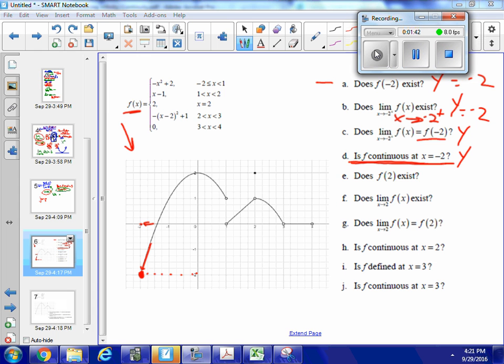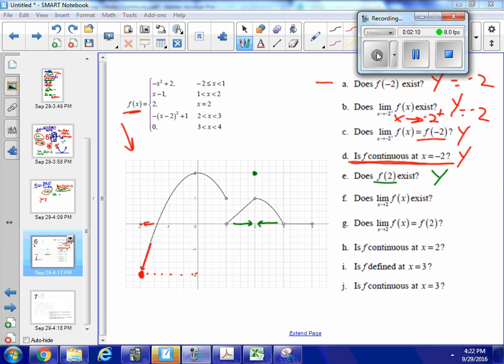Now we're switching over to positive 2. Does f of 2 exist? Well, here's x equals 2, and here's a dot right there. So yeah, sure, that exists. Does the limit as x approaches 2 of f of x exist? Well, now I want to be a little bit more careful here, right? So here's 2. I'm approaching 2 from the left, and I'm approaching 2 from the right.